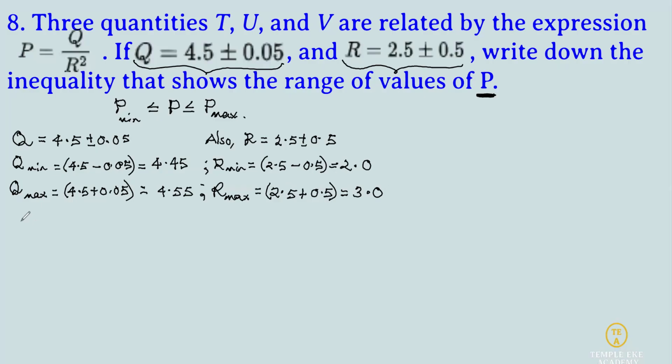Now let us establish the minimum value of P from our relationship. P is given by the interaction between Q and R in this manner, Q divided by the square of R. And therefore, we can have the minimum value of P.